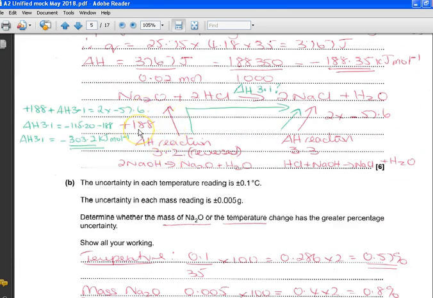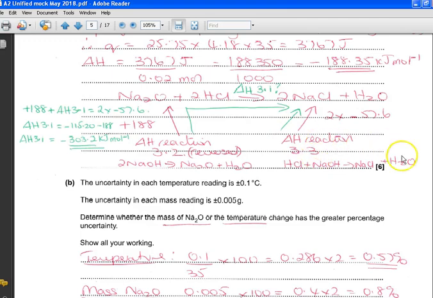Because the equation is the opposite way round to the way it is written above, we need to change the sign here. So it's minus 188 is what we worked out for our delta H, but because we have reversed our reaction, we have also changed the sign, because the enthalpy change, remember, will be the same in either direction, but the sign will change. So we've reversed it. This is the enthalpy change of reaction for 3.2, because that's what we're making.